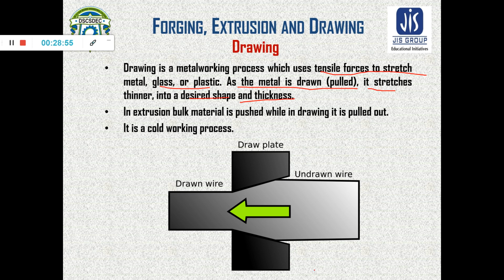If there is a material bulk, in drawing that bulk is pulled through a very small orifice that has the desired shape or desired cross section, so that the bulk of the material has the reduced cross section. So this is the process of drawing.